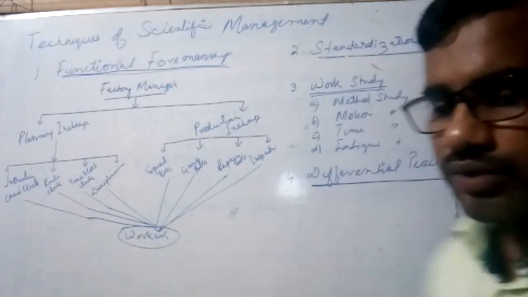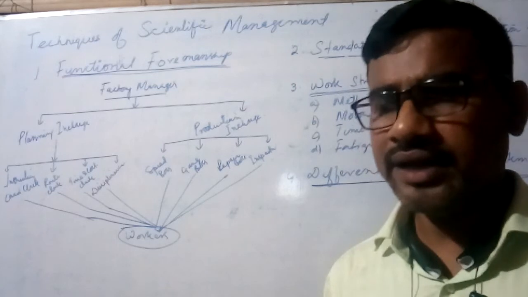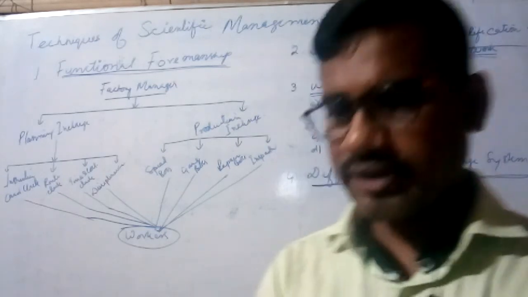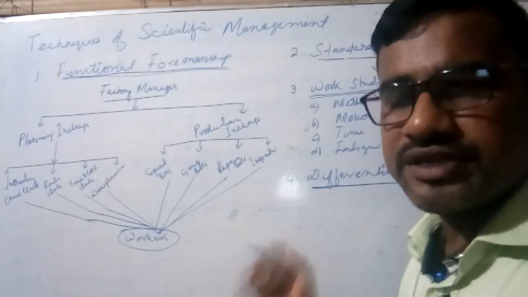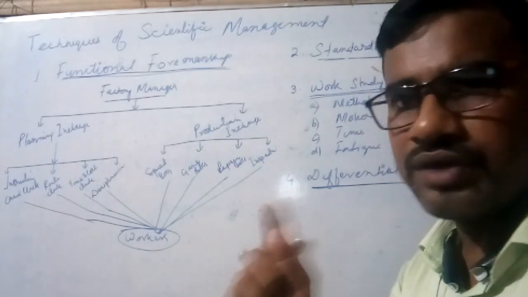तो इस सिस्टम के द्वारा टेलर ने एक सिस्टम ऐसा लगा दिया, जैसे क्या होता है, if you work, there is a piece wage system. Per piece there will be wages given to you.